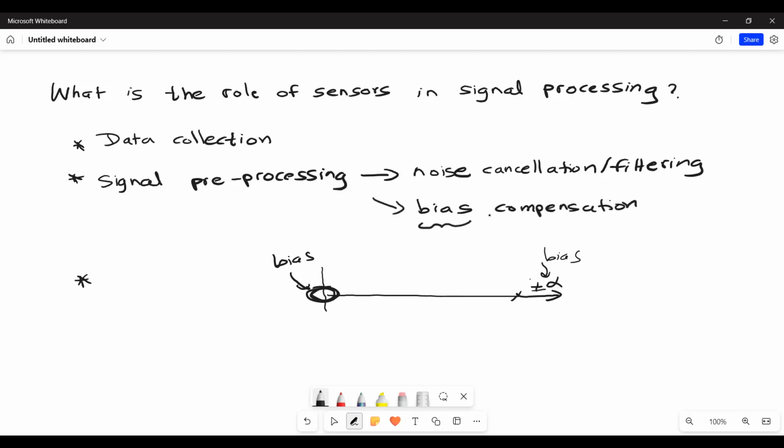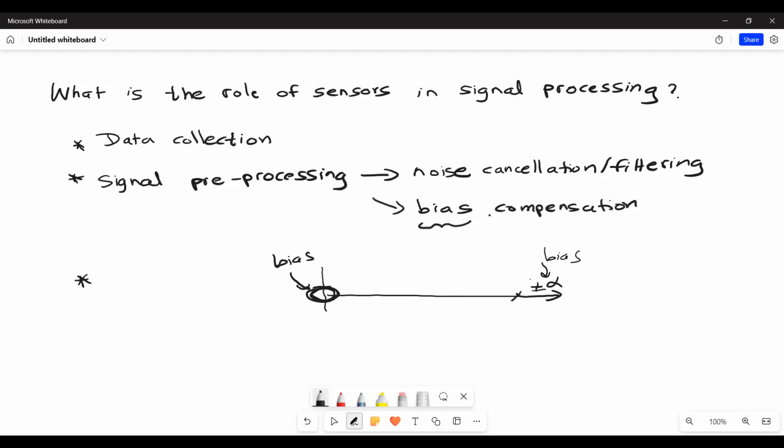One of the methods of doing pre-processing is noise cancellation and filtering, and the second one is bias compensation.